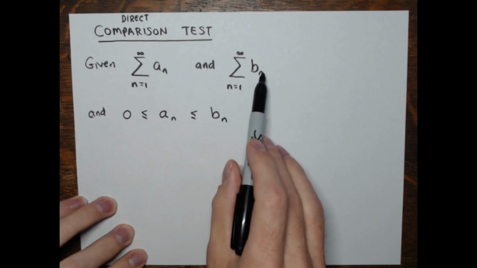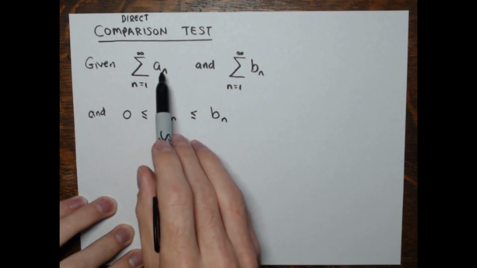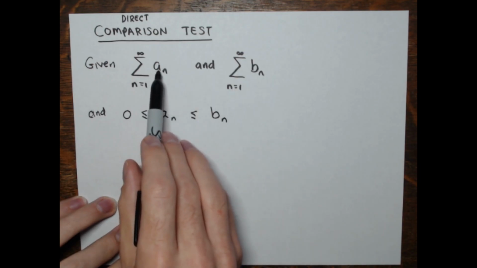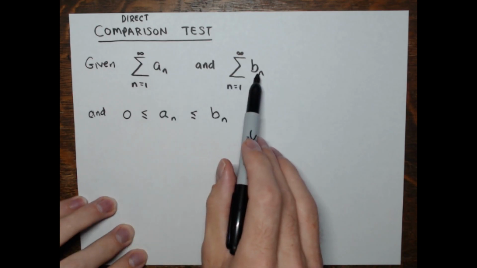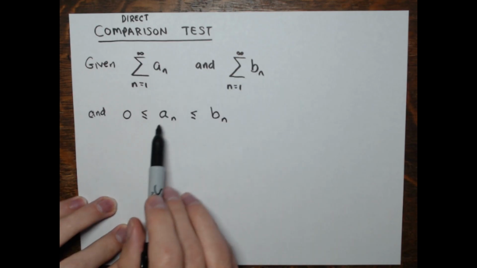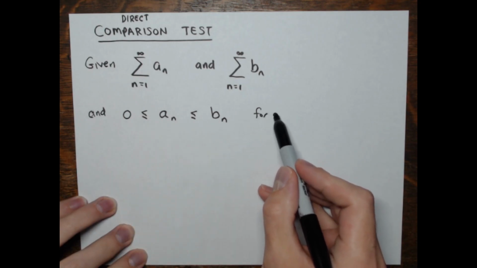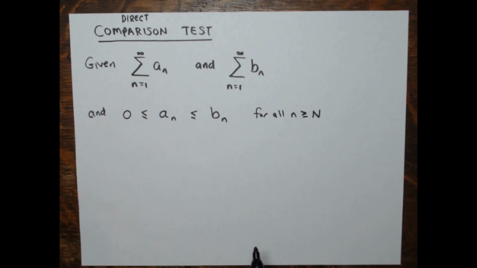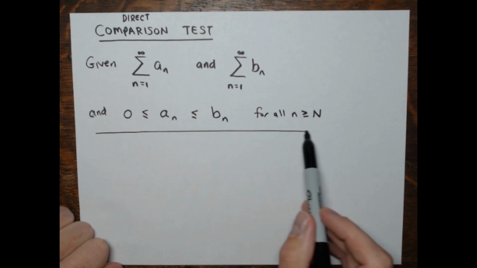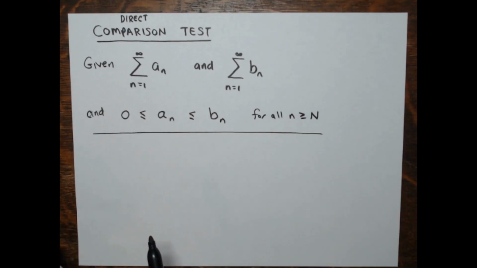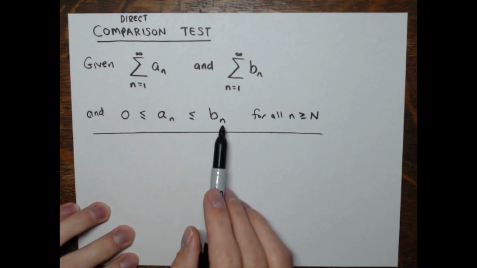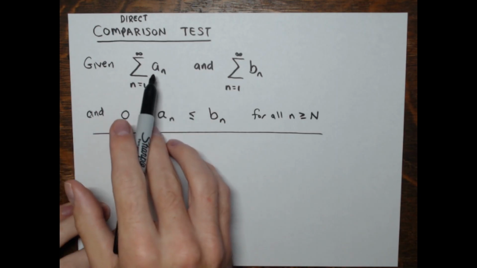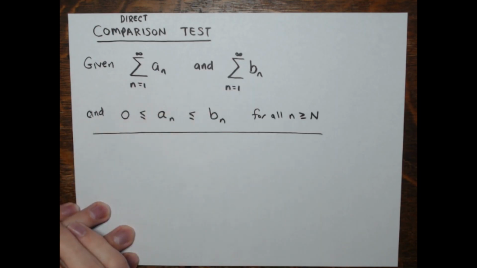Not only are these non-negative, but one series has terms that are eventually smaller than the other one. So let's say the terms of A end up being smaller eventually than the terms of B. So I got this inequality here, for all n eventually, for all n greater than or equal to some capital N. So that's the setup. We're not taking any limits or anything. And if this is the case, the terms of these series are eventually non-negative, and eventually the terms of A are all smaller, or at most the terms of B.